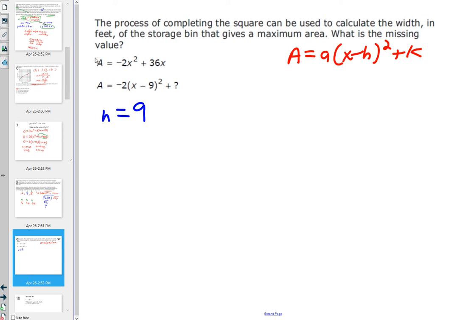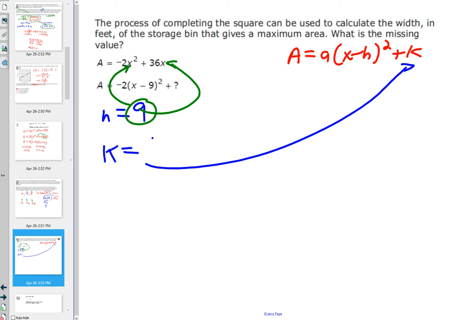Do you understand how I got h? Okay, so once I have that h, just plug it in for the x's up here. That's what I was doing now. I did it synthetically, but that k we were looking for, that's out here, it ends up being 162. Should be positive. You got negative?